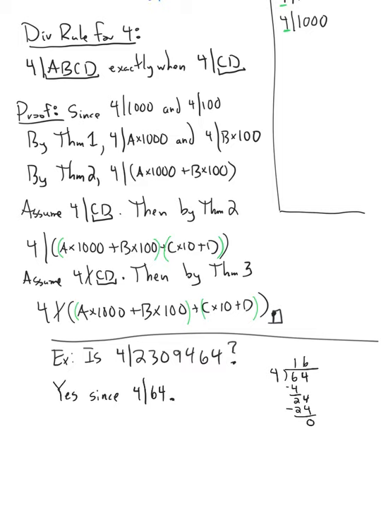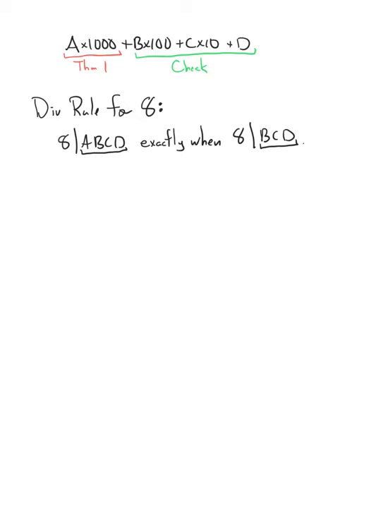So that's how the rule for 4 works. All you needed to check was the last 2. All right, so I'm not going to prove the divisibility rule for 8. It's pretty much the exact same thing as 4 and 2 and 5, in fact.